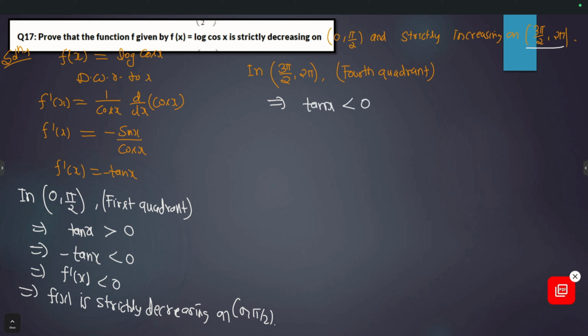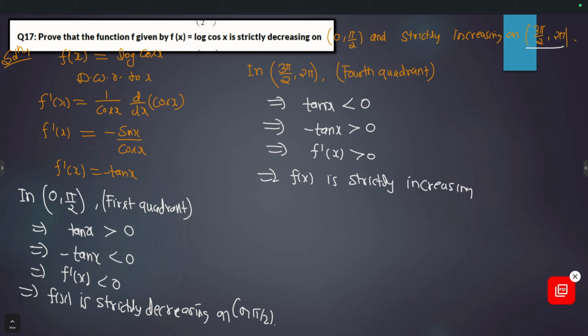But we want minus tan x, so multiply by minus. Once you multiply by minus, the inequality reverses. So minus tan x, this less than becomes greater than 0, and it implies f'(x) greater than 0. It implies f(x) is strictly increasing on 3 pi by 2 to 2 pi.